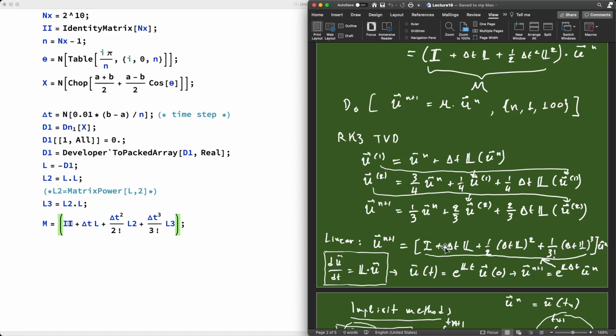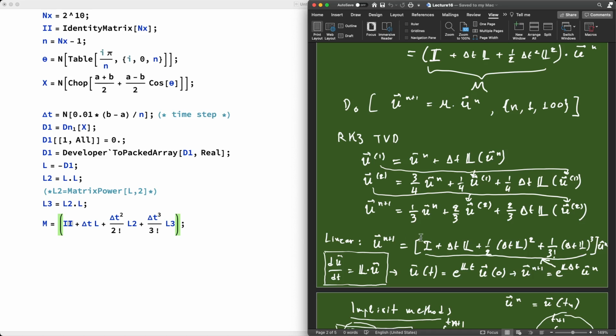So we will build this matrix out of L. L depends on the differentiation matrix, and we're going to call it M, and we're going to store it in memory. And we're lucky in this case; it's a linear system, so this matrix doesn't change as you evolve. So we can just compute it once and store it, and that saves time.